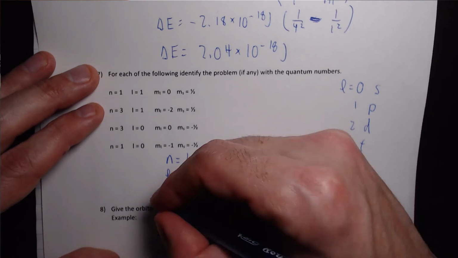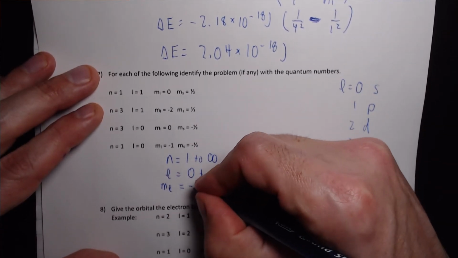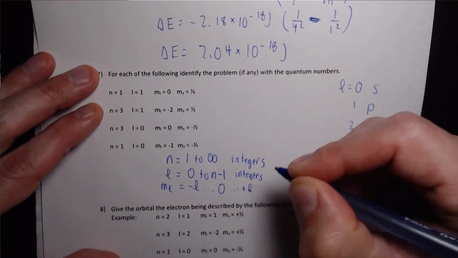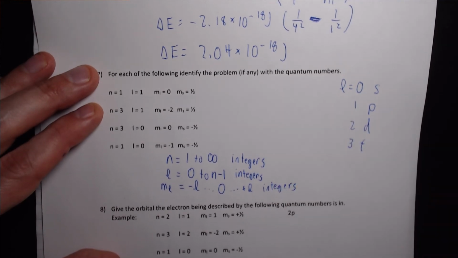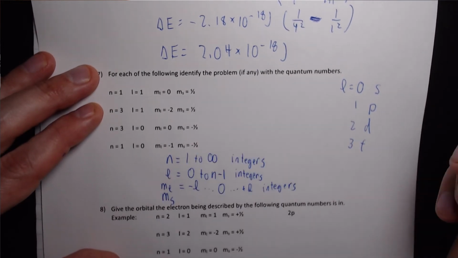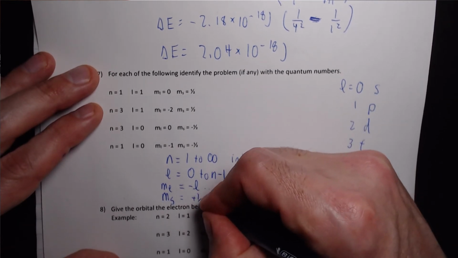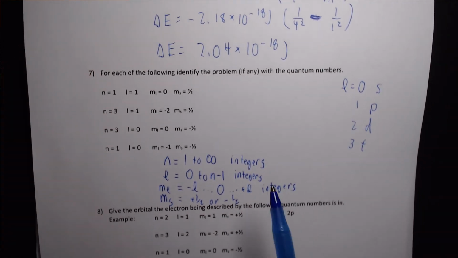How about m sub L? m sub L equals negative L through 0 to plus L, in integers. m sub S is the spin quantum number, which is going to be positive 1/2 or negative 1/2. So these are the quantum numbers.